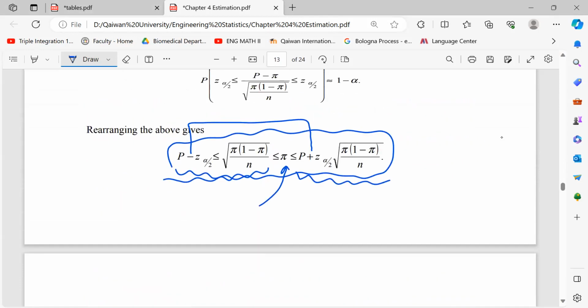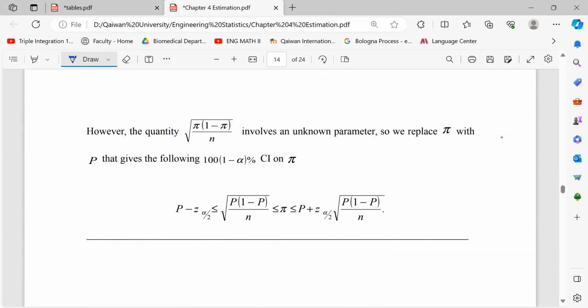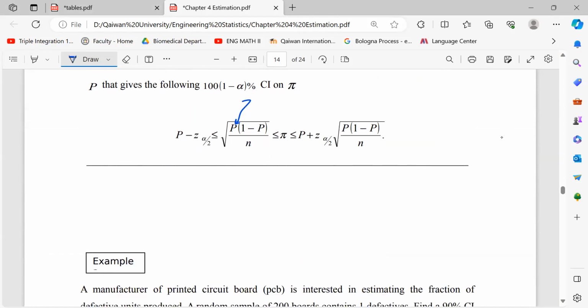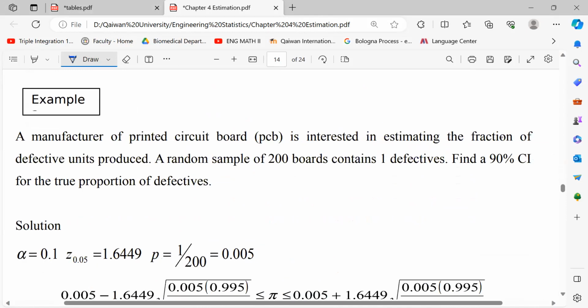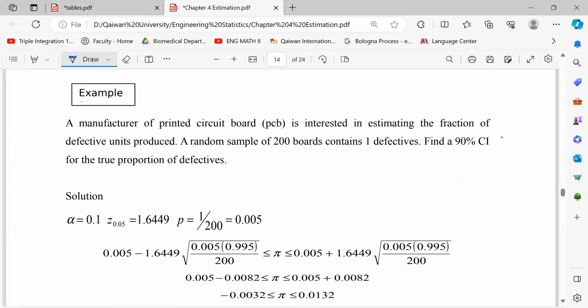Look, pi here is replaced by p. It's the same. Pi and p, as I said, are the same. This is our rule. Look at this example. As I said, we have only one case here. Look at the end of the example. It says, for the true proportion, look, it says proportion.